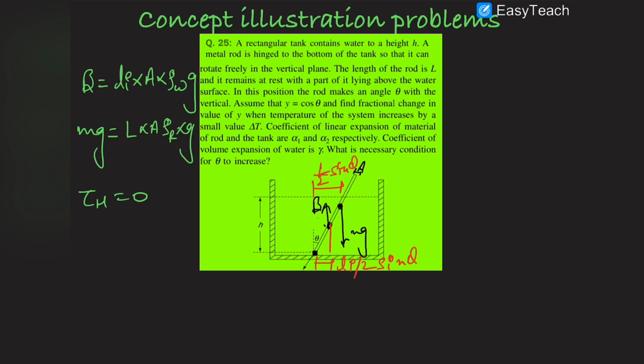So the torque of mg will be mg into L by 2 sine theta, and it would be balancing the torque of buoyancy, which would be L emerged or buoyancy into A into rho W.